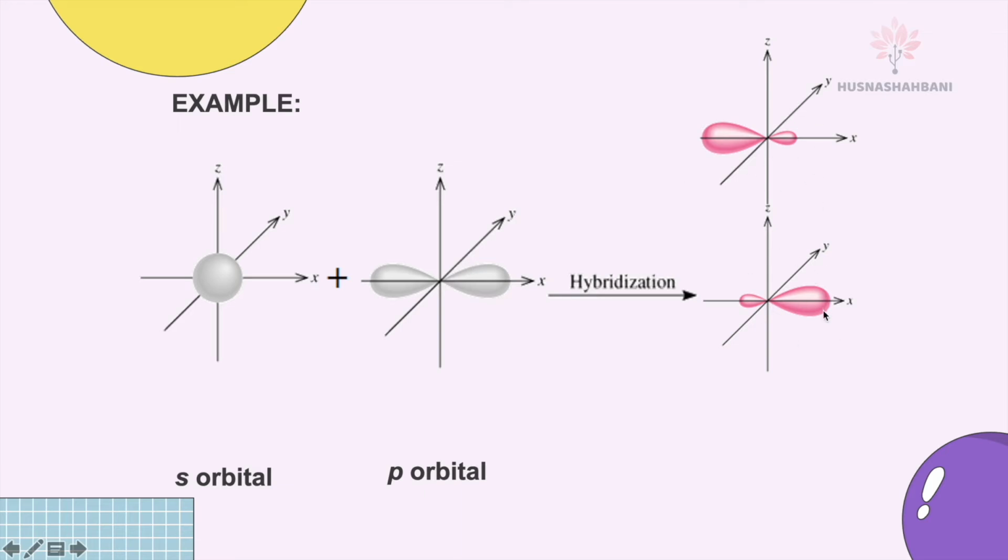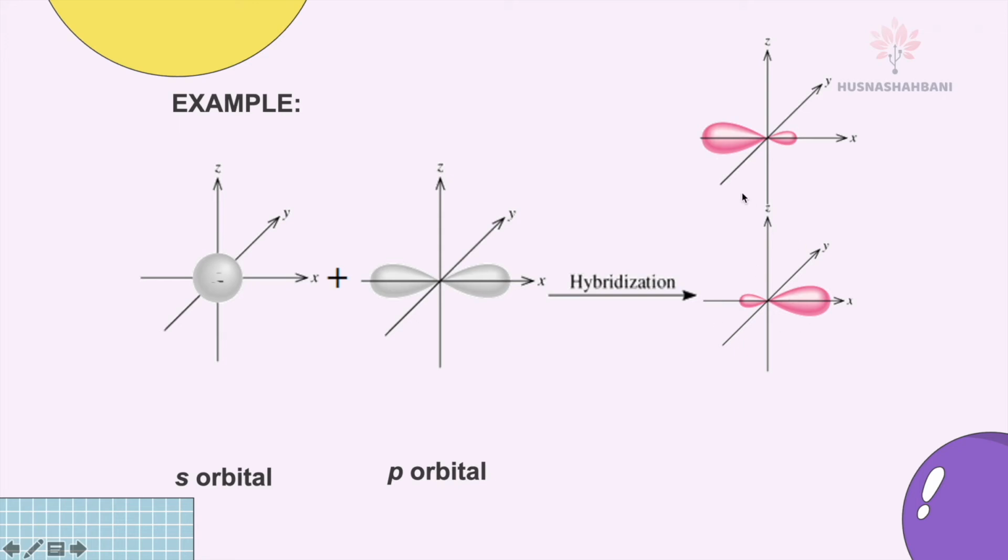Because you have one s orbital and one p orbital, the total number of hybridized orbitals must equal the total number of initial orbitals you mix, which is 2. So the result will have 2 hybridized orbitals, this one and this one.